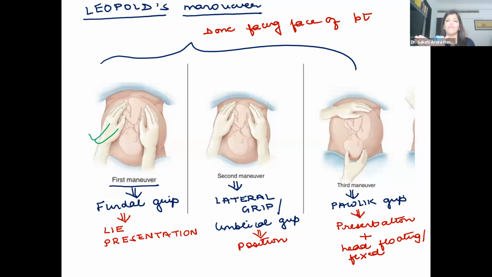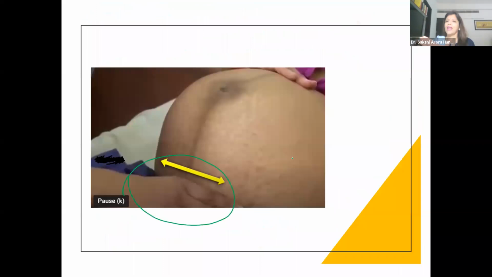Now, once you have felt that the head is there, like in the line shown with the yellow arrow, try to move the head and see whether the head can be freely moved or not. If the head can be freely moved, that means the head is ballotable, right? And if the head is ballotable, that means the head has not yet entered the pelvis.